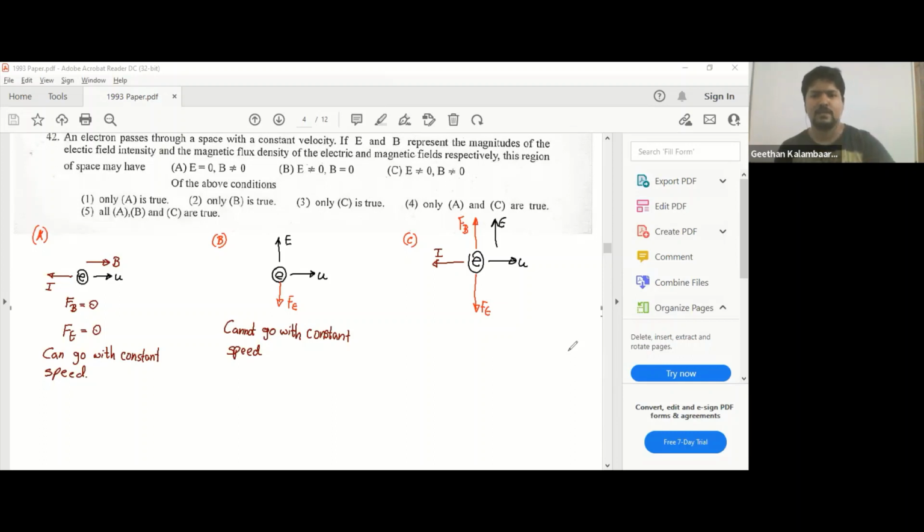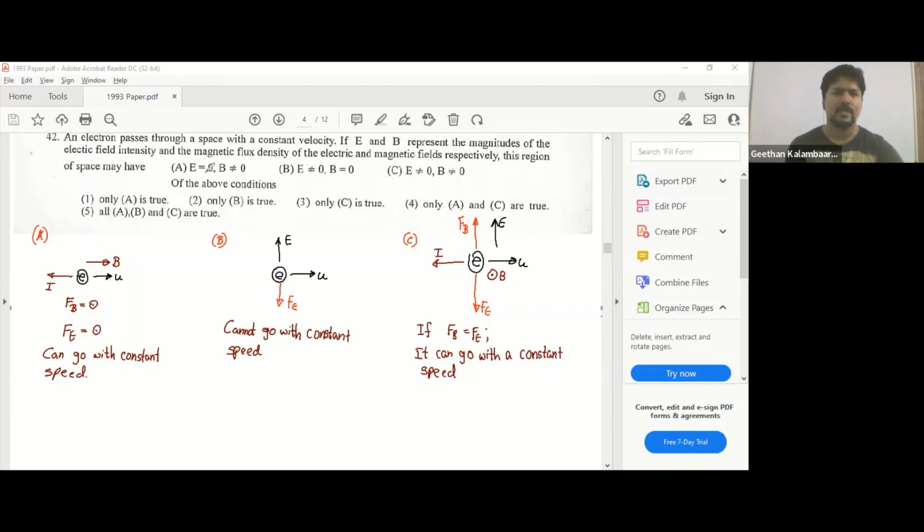If there is a magnetic field towards this direction, then you will get an FB towards this direction. So we can say if FB is equal to FE, it can go with a constant speed.